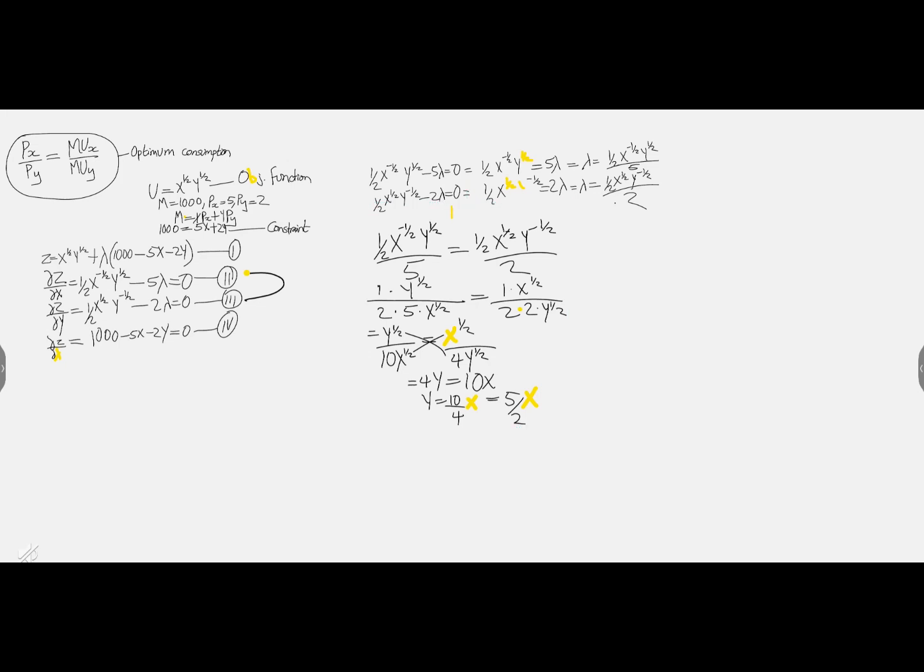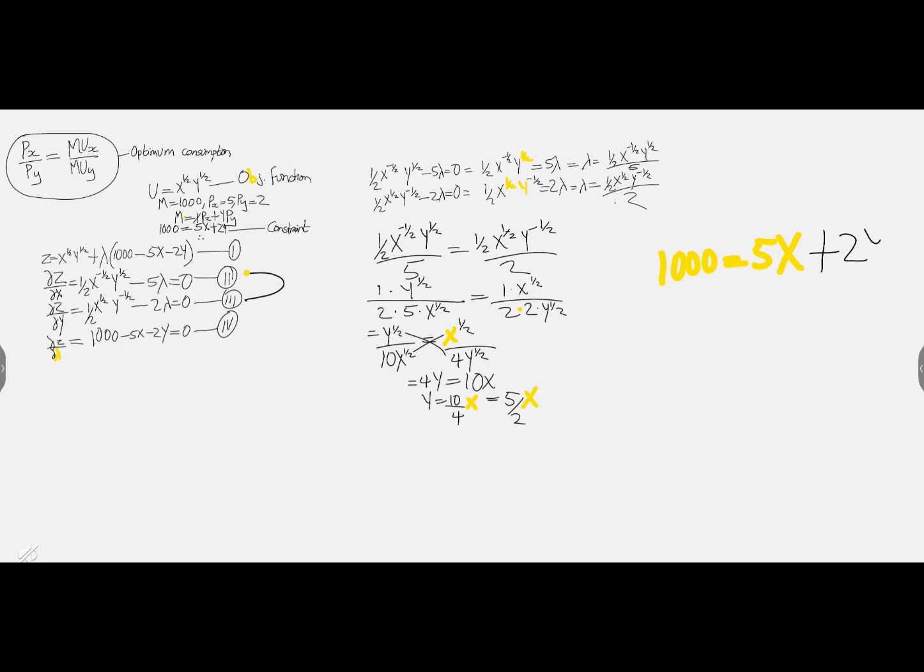Since you've gotten y in terms of x, you can now substitute this 5 over 2 x for y in the original budget constraint. So we have 1000 is equal to 5x plus 2y.